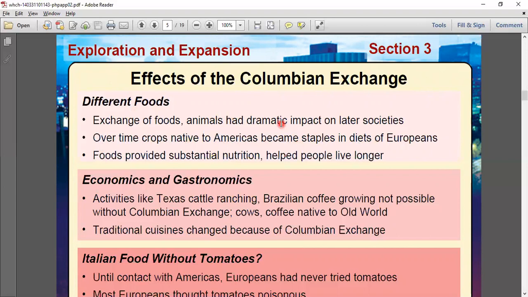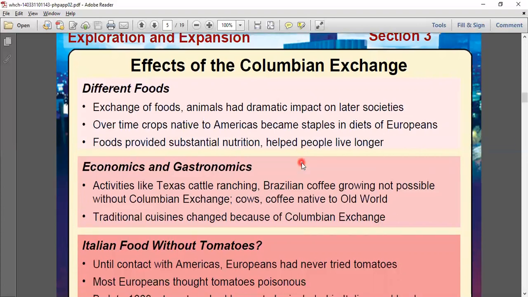The Europeans started to imitate what was eaten in the Americas because they settled there. Food provided substantial nutrition and helped people live longer because the diet was now healthier.